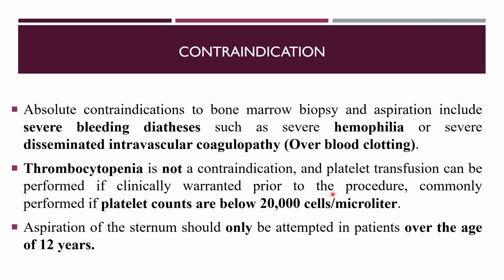It can be corrected using platelet therapy, in which patients having fewer than 20,000 platelets per microliter can be transfused platelets before the procedure. Obviously, this part we have already covered.